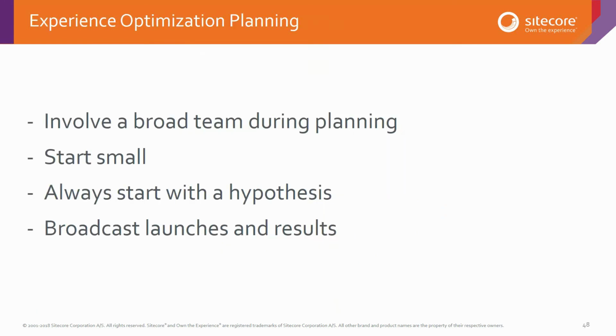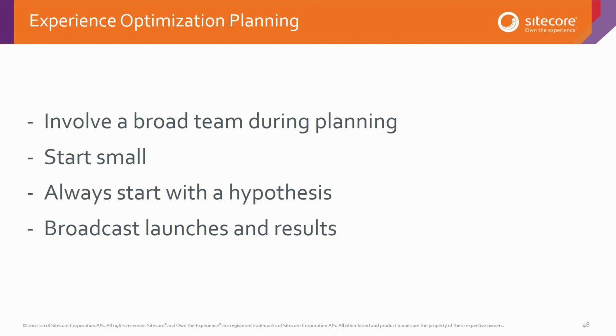A few guiding principles for experience optimization. Collaborate during planning. There can be some pushback during early program stages, but make sure to invite the key stakeholders to be part of the planning process. This will ensure more of a personal level of investment, and you may want to start with something as simple as that AA test that I described.